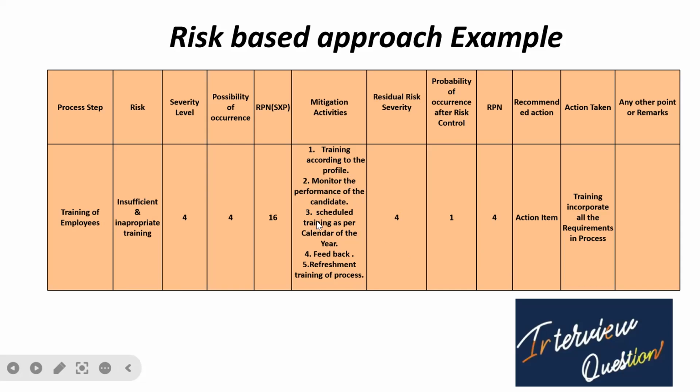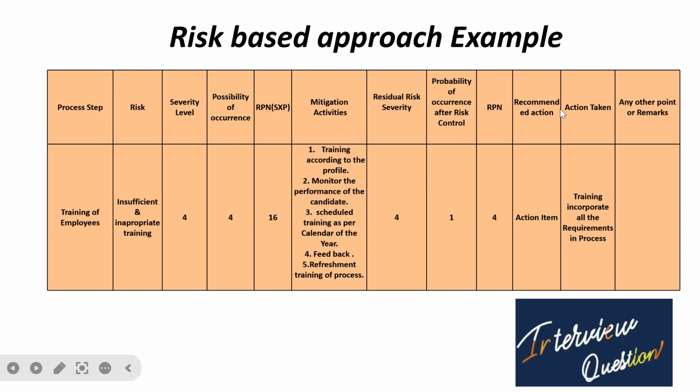So of course, after this 16 RPN, it has to be reduced. Now after training, after mitigating the risk, the probability of occurrence will reduce to 1. Then it will become 4 into 1, which is 4 RPN. So here, 4 into 4 was 16. Now it's reduced to 4. You got my point?